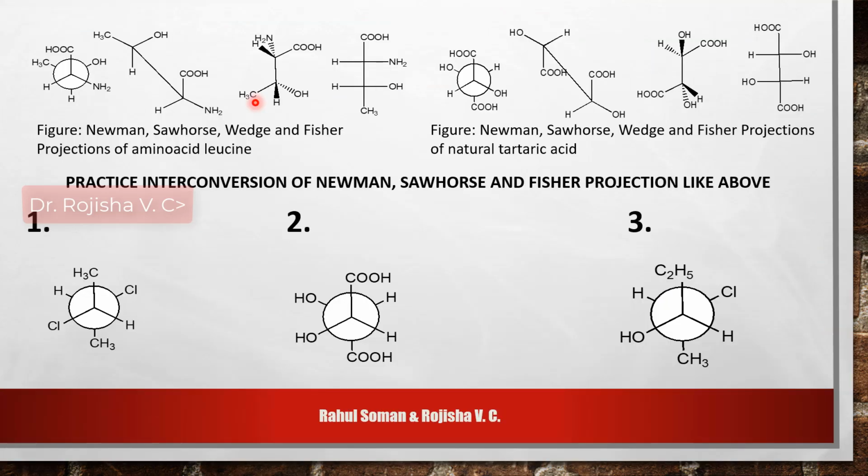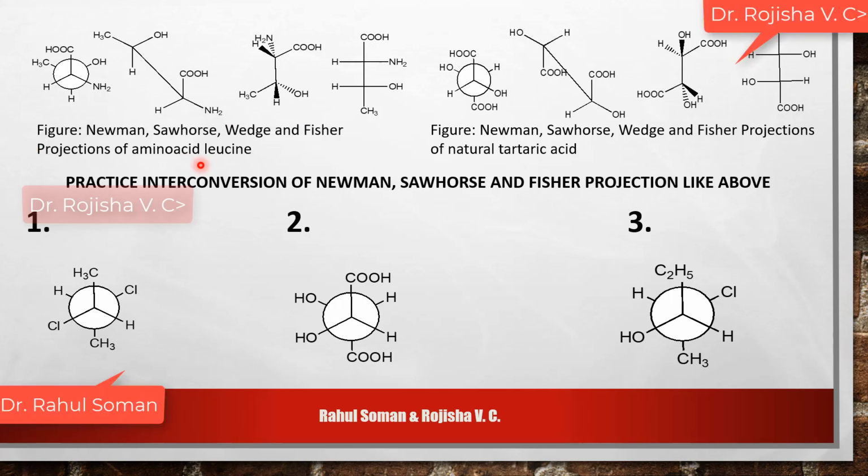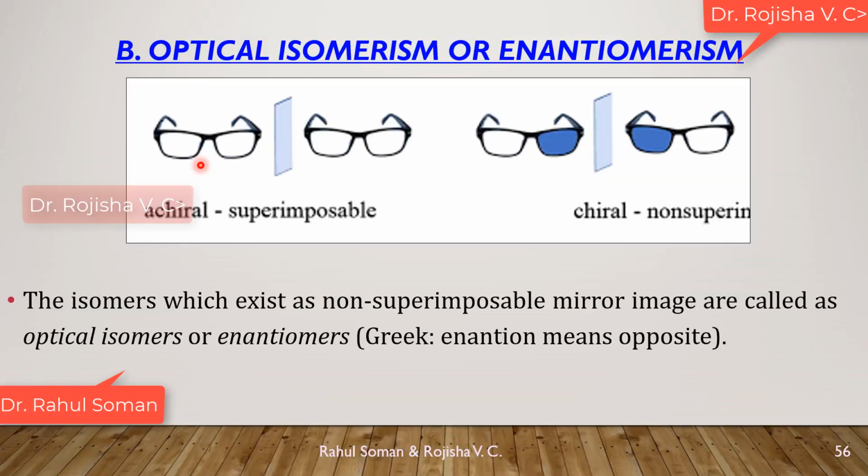Whether it is the Newman, Sawhorse, Wedge, or Fischer representation, we should be able to identify the corresponding isomers. Before going to optical isomerism, we should first understand the term chirality. Chirality means handedness.